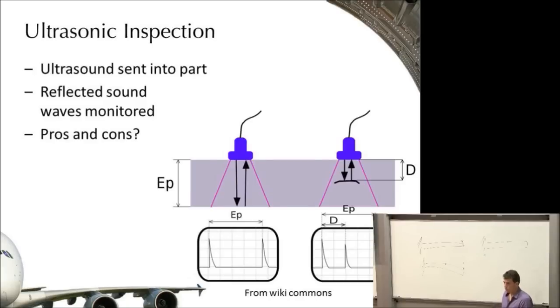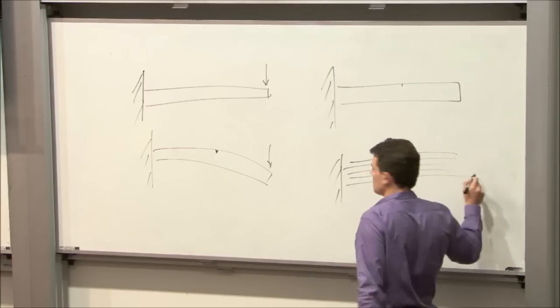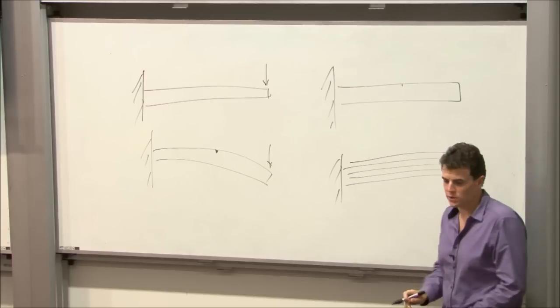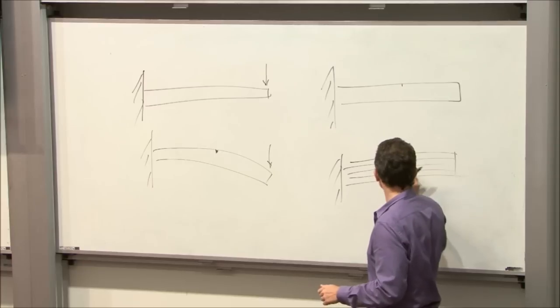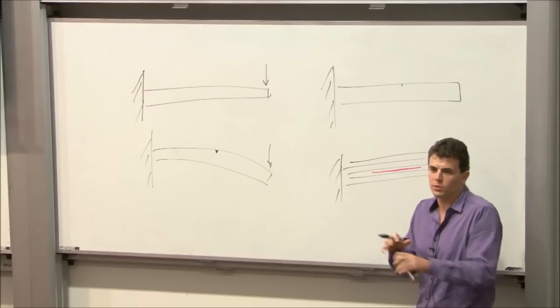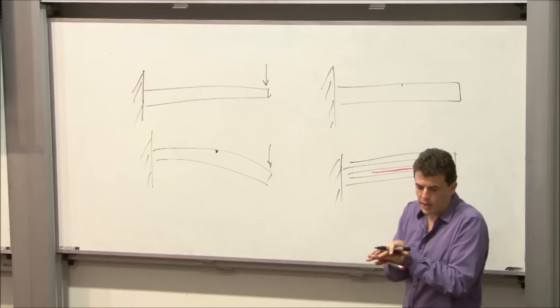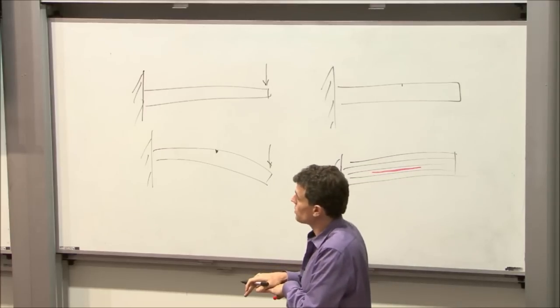One that's commonly used for composites, because composites, as we'll see later, are laid up like sheets and glued together. One of the primary ways that composites fail is that they will have a delamination crack inside. There'll be an internal flaw between the layers, and one way we can detect that is using what's called ultrasonic inspection.